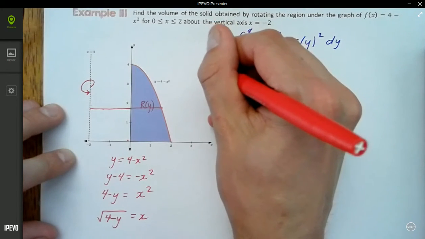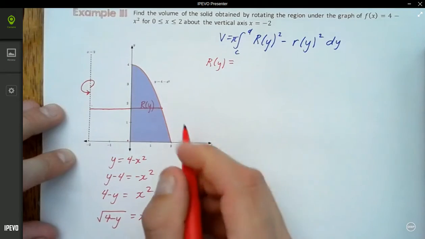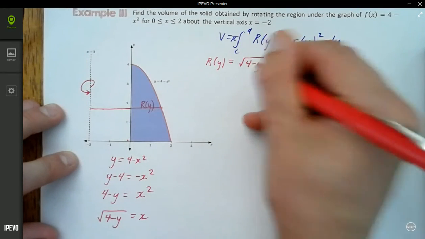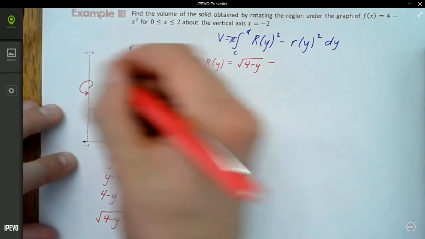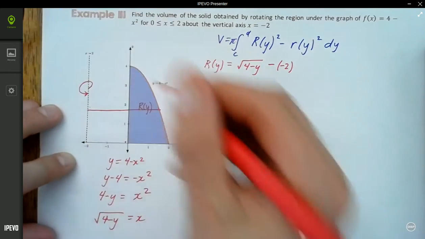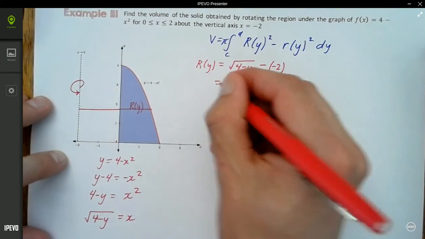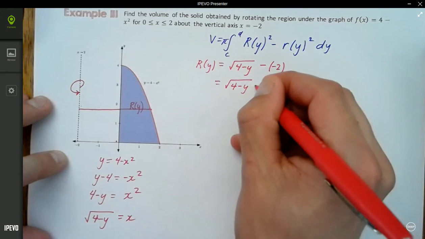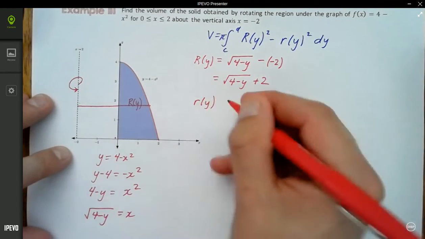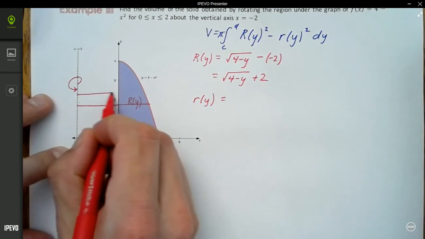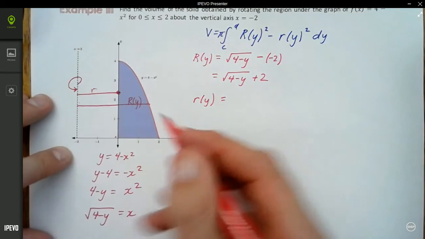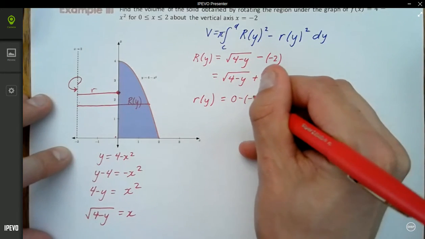So big R of y is going to be equal to the square root of 4 minus y minus negative 2. This should be a negative 2. And that gives me the square root of 4 minus y plus 2. There's big R of y. Little r of y now is just from here to the vertical axis. There's little r. So that's 0 minus negative 2, which becomes 2.